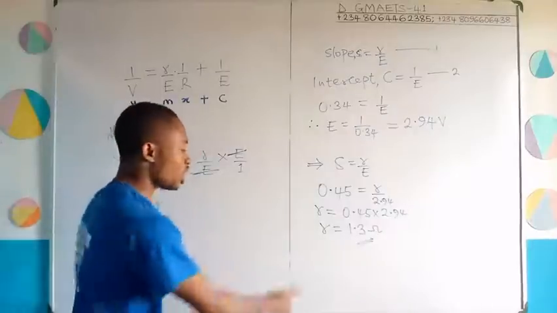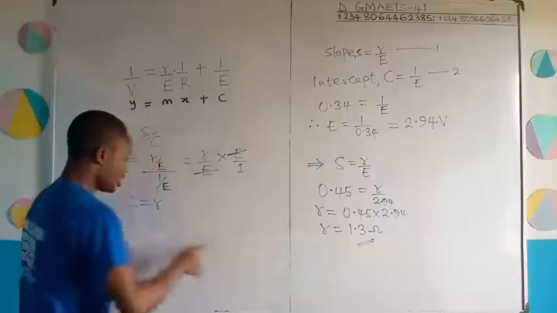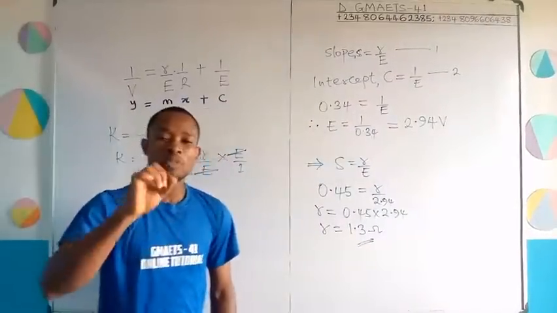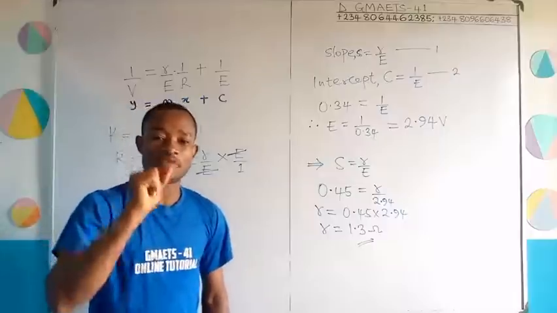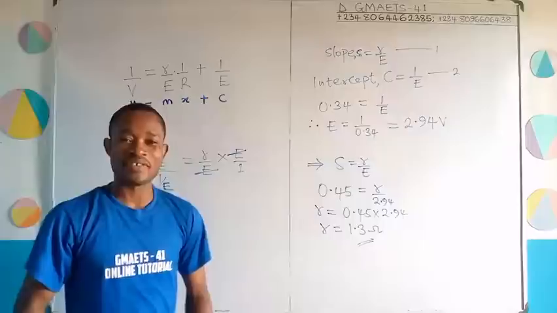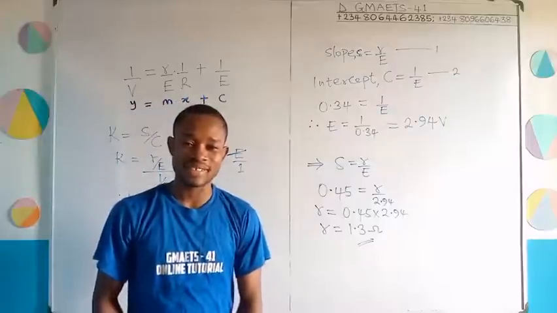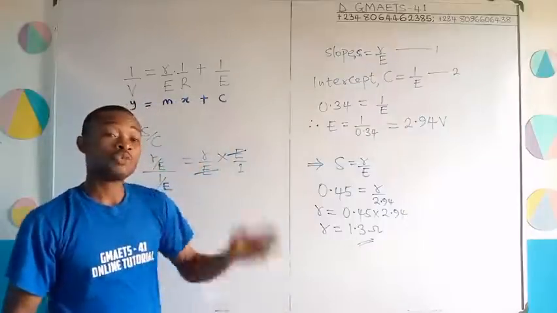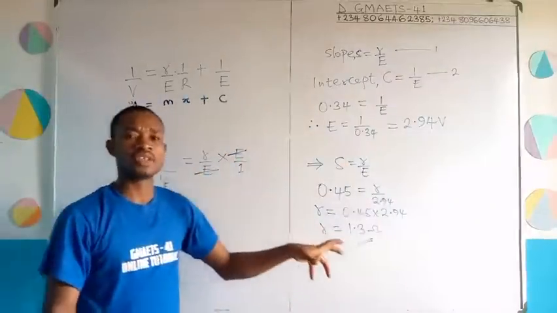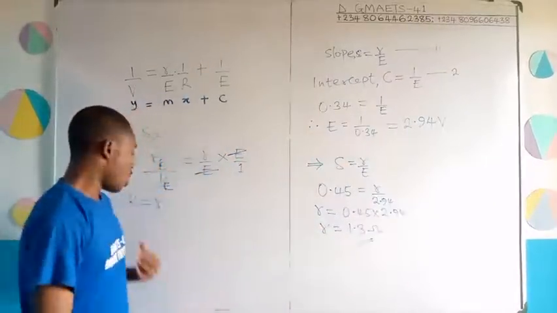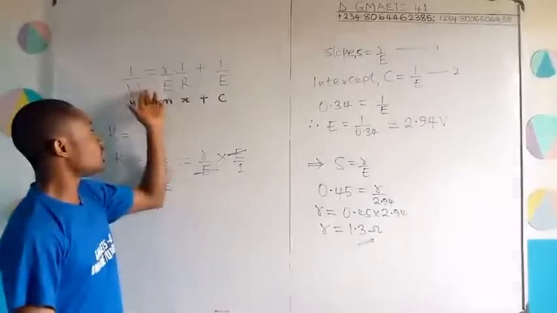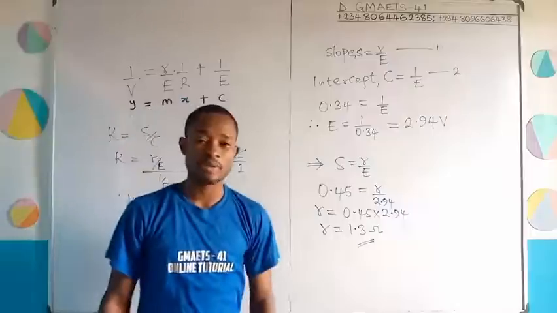So you can see why I told you that R and K are what? The same. So in responding to the question, what is the physical significance of K? K actually is the internal resistance of the cell. But based on what we've done already from the graph, we don't need to go through all this. I just have to show you this to prove that our K is the internal resistance, using our theoretical equation that guides this experiment.